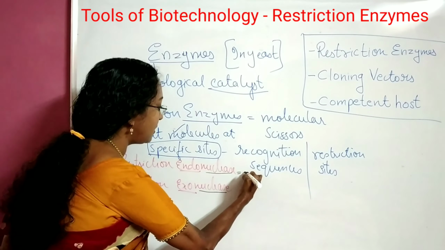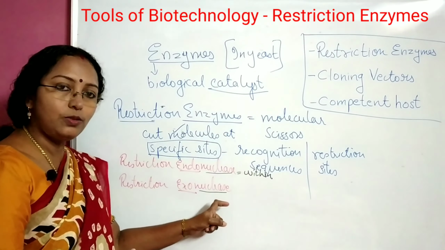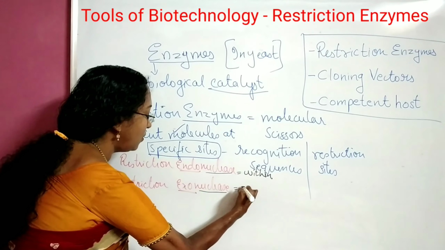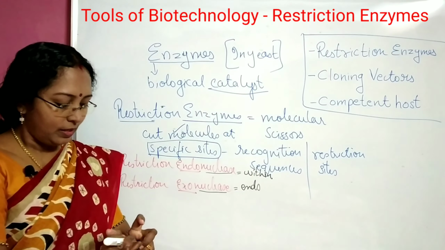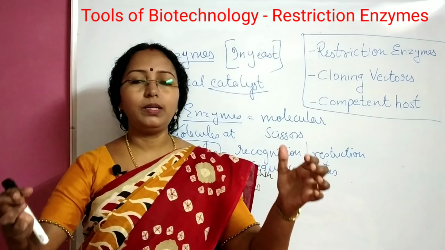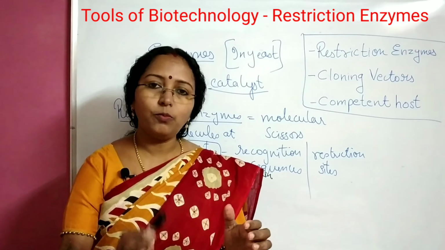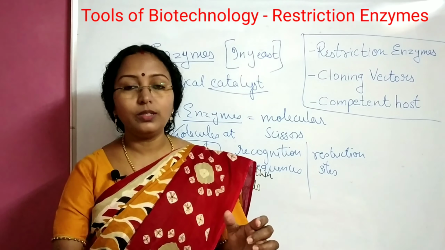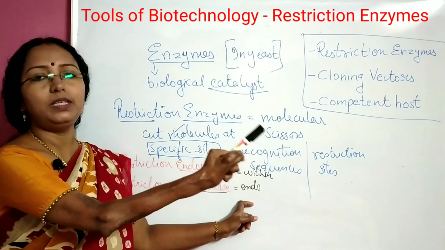They make the cut within the nucleic acid molecules. Restriction exonuclease means they cut nucleic acids from their ends. In a very simple manner, imagine we are cutting vegetables. If you start cutting from one end, it is equivalent to exonuclease. Cutting is happening from one end to the other end.